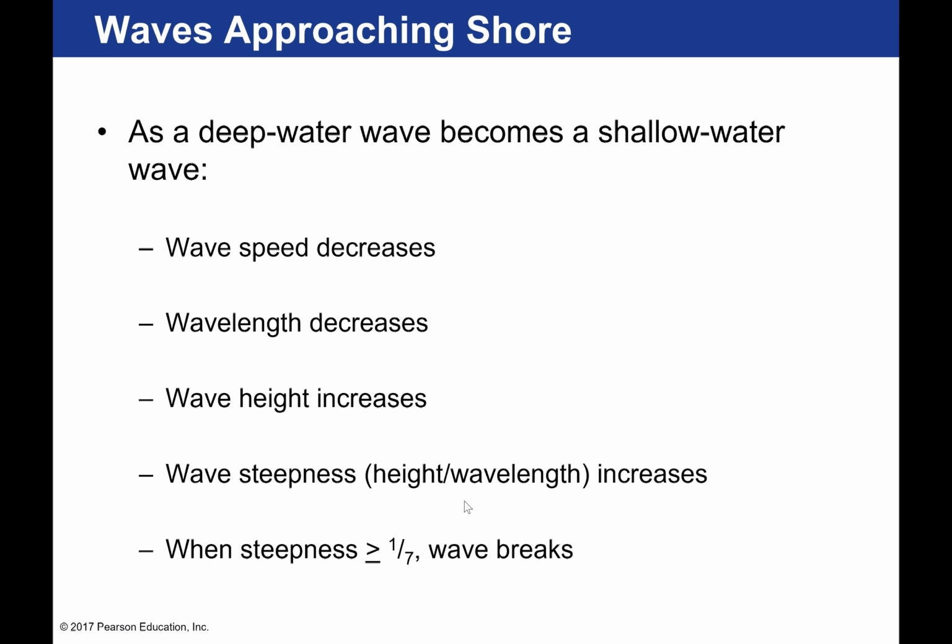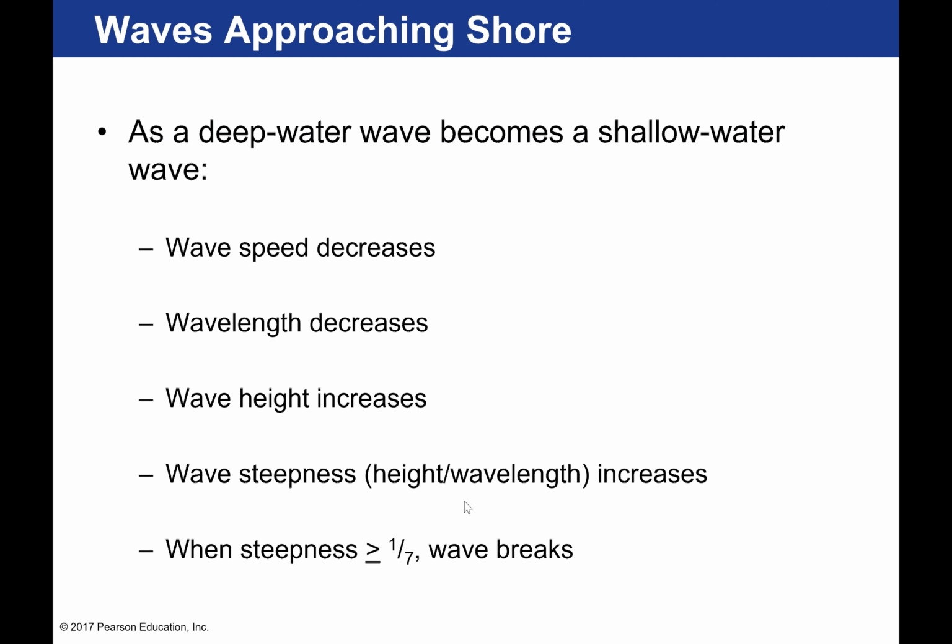Now, as we finish up this section, we're going to talk about what happens to waves as they approach the shore. There are a lot of physical changes that occur to a wave as it moves from deep water into shallow water. Basically, the deep water wave becomes a shallow water wave. Some of the things that happen are wave speed decreases, and that's because the shallow depth interferes with the circular particle movement at the base of the wave.